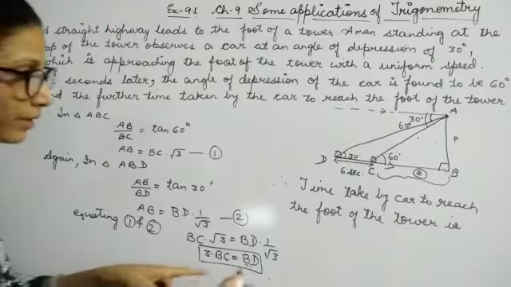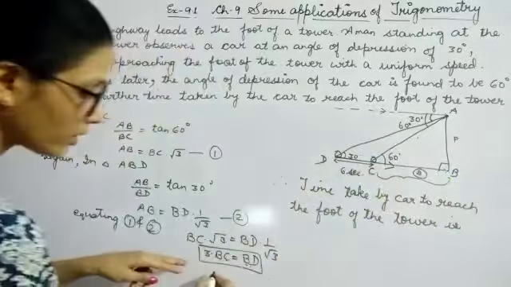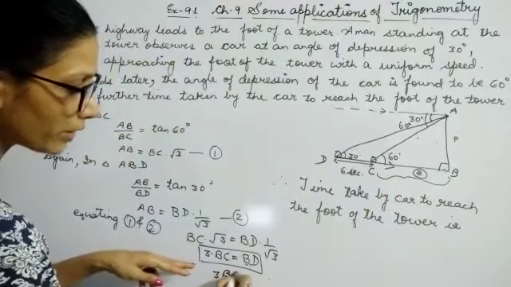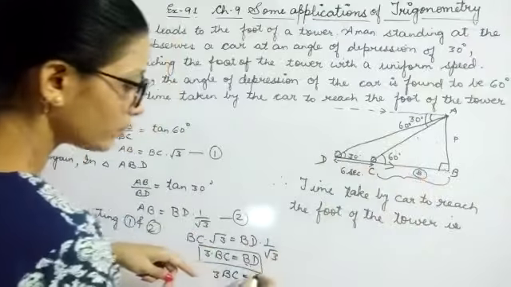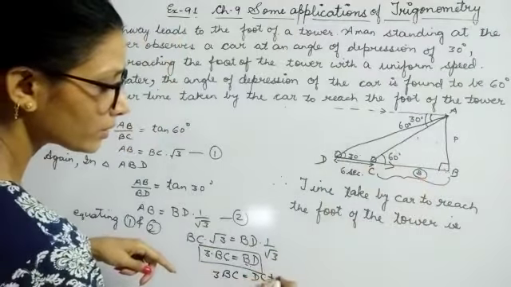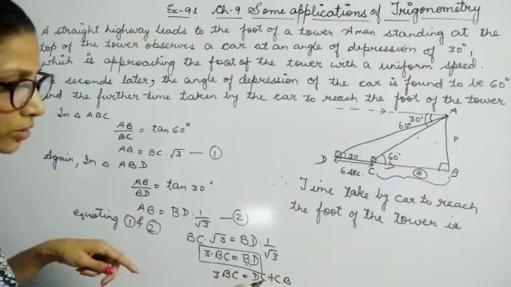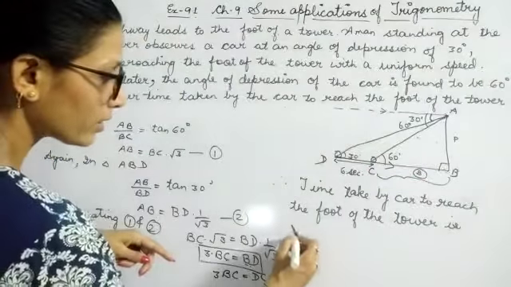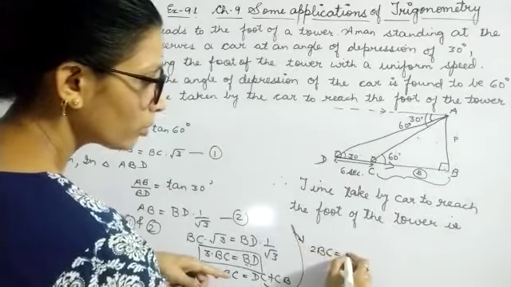Here BD can be replaced with BC plus CD. So I will be getting it as thrice of BC equal to BD, meaning DC plus CB. That means DC plus CB. Okay, when I take this CB this side, it will be minus. So I am getting it as twice of BC equal to CD.